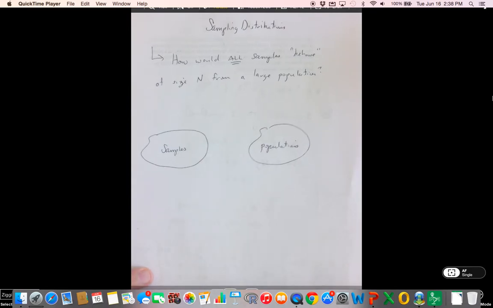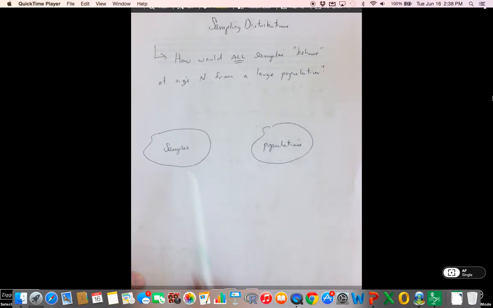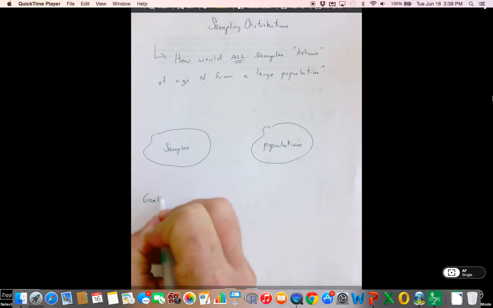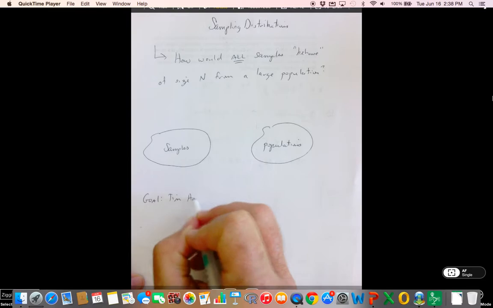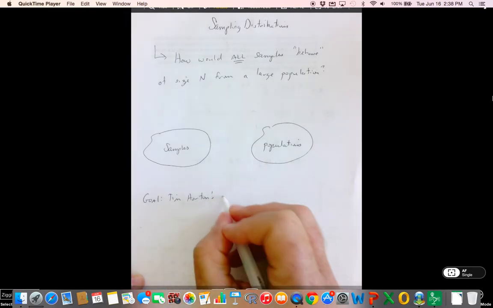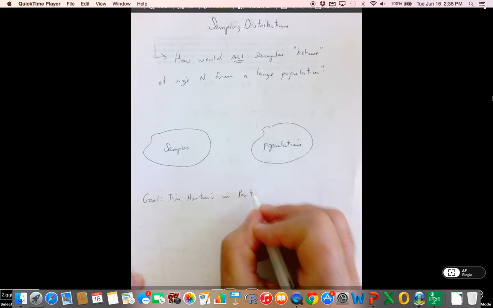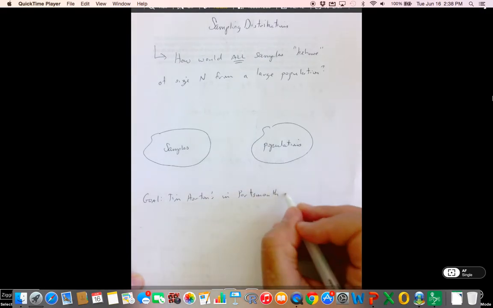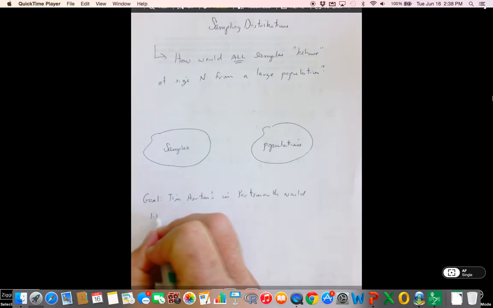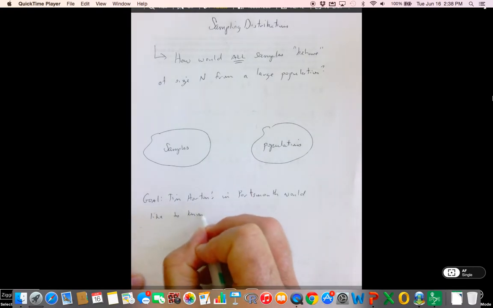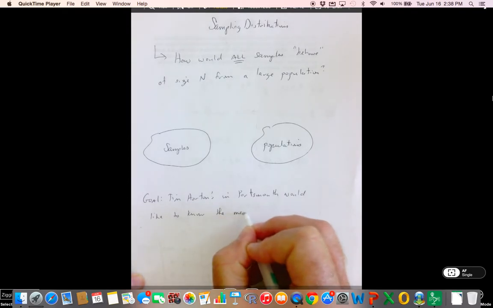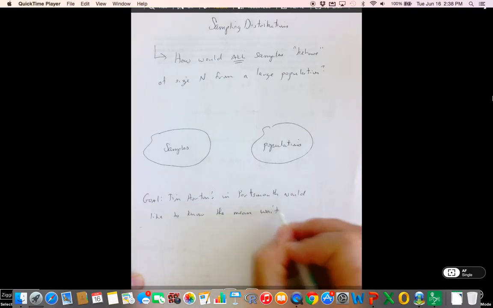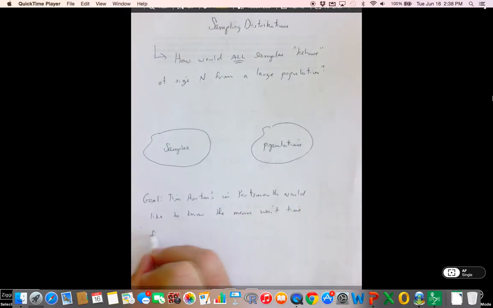Now, looking at the relationship between a sample and a population, let's say, for example, that Tim Hortons, just in Portsmouth, would like to know the mean wait time for drive-through customers.